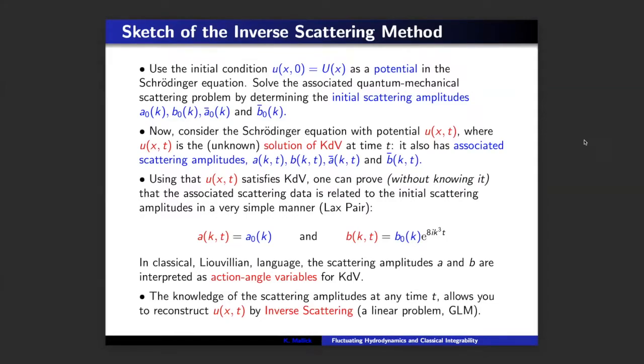If your initial condition is nice enough that you can compute the initial scattering data, then you can deduce the scattering data at any time. And then by inverse scattering, Gelfand, Levitan, Marchenko, you could in principle reconstruct the shape of the potential of your effective Schrödinger equation at any time, but this shape of the potential is precisely the solution of KdV at time t.